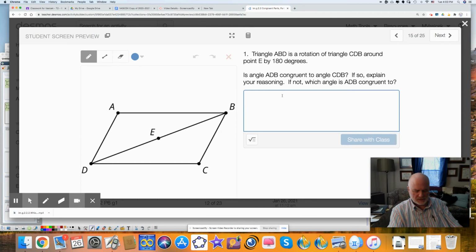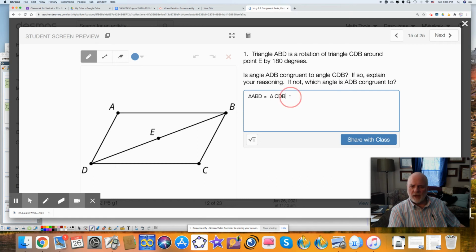Since it is a rigid transformation, I could write triangle ABD is congruent, because why? Because rigid transformations take... this is the definition of congruence. One object is congruent to another if there's a set of rigid transformations that maps one onto the other. So this would be congruent to, I don't need the congruent sign, I need this to CDB.